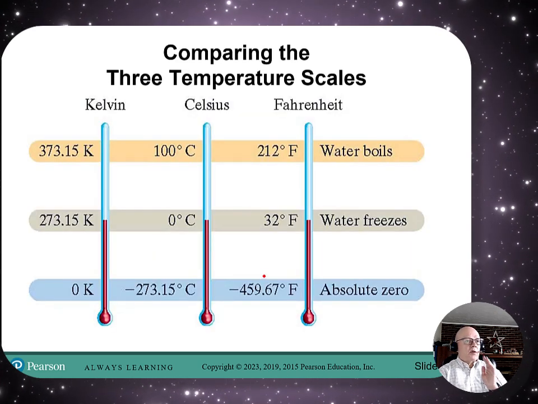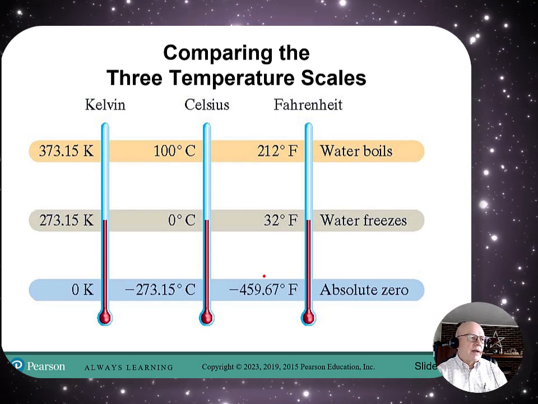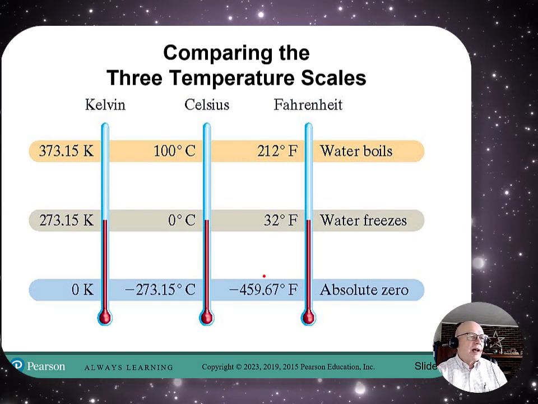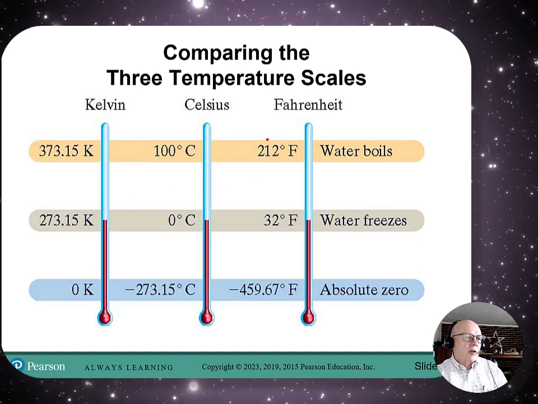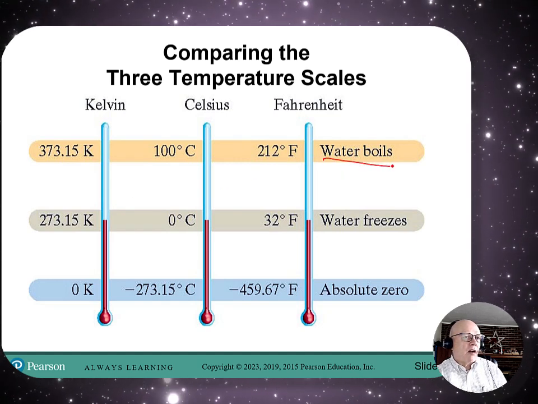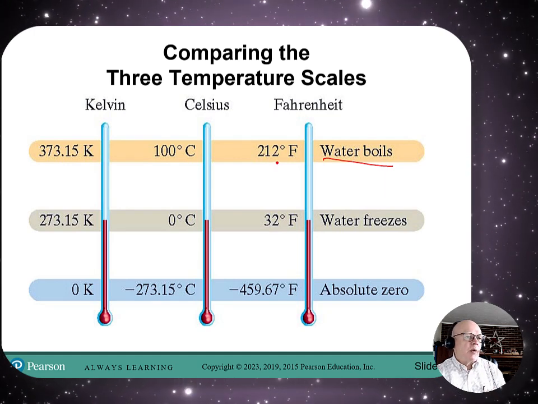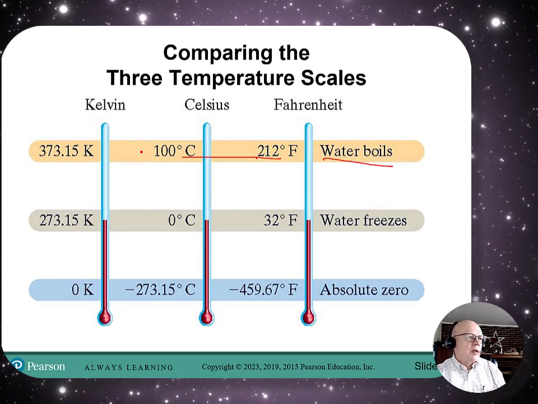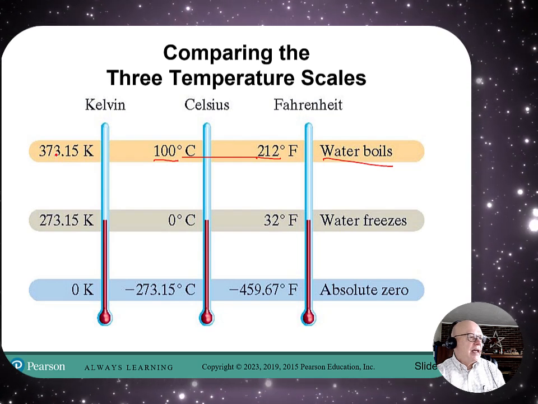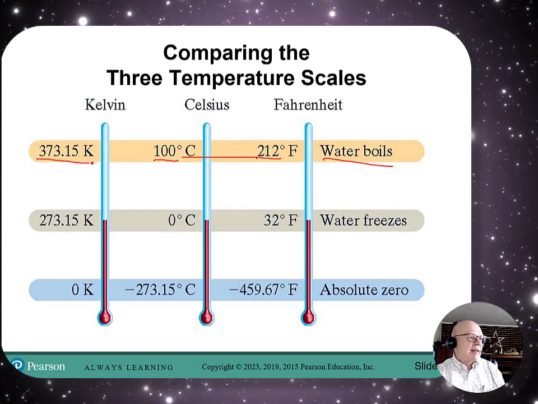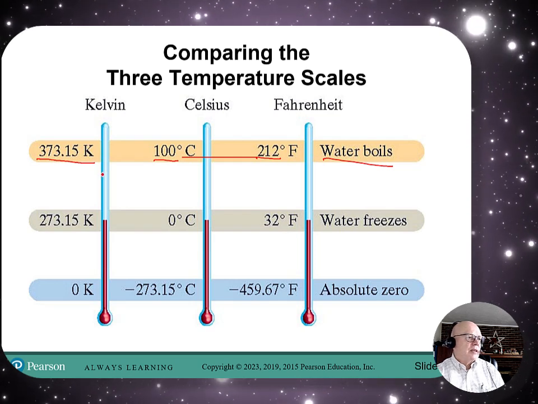This is something you could add to your storehouse of information. This shows you how they all compare. If you go up here to the boiling point of water, that is, under standard pressure, 212 for Fahrenheit, 100 Celsius, really nice and even. And if it's Kelvin, it's not quite so nice, but it is 373.15 Kelvin.